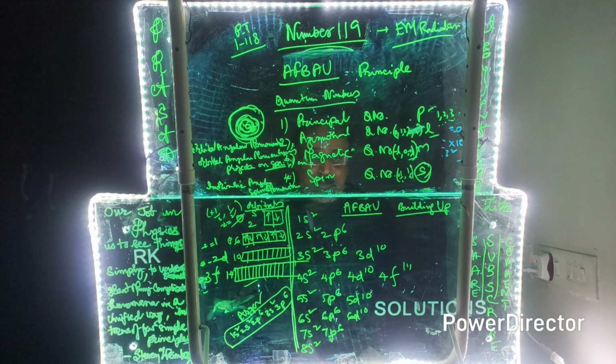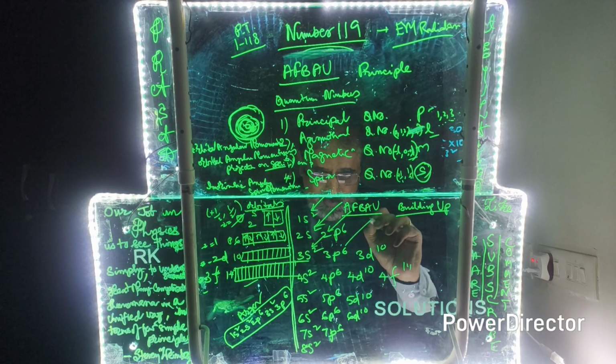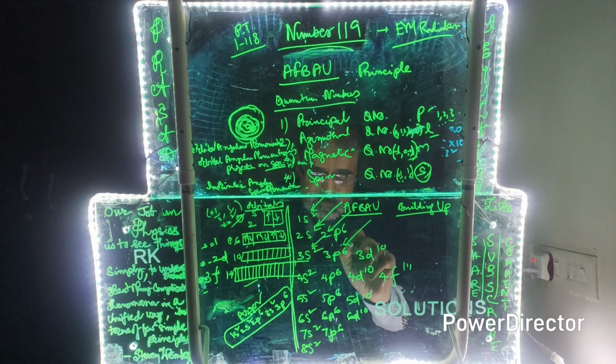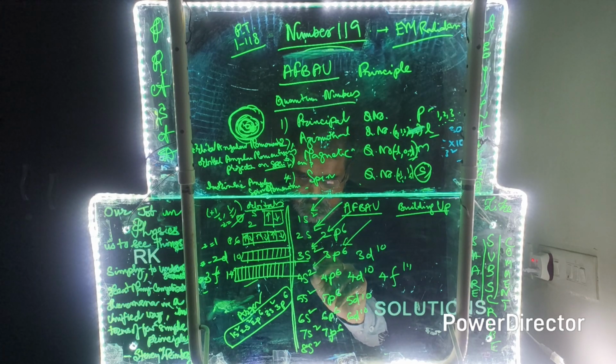Till argon, first it fills this one, second it fills this one, third it fills this one, then this one, fourth it will fill this one, then it goes to this one, right?